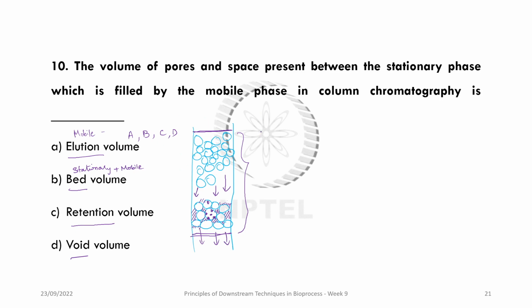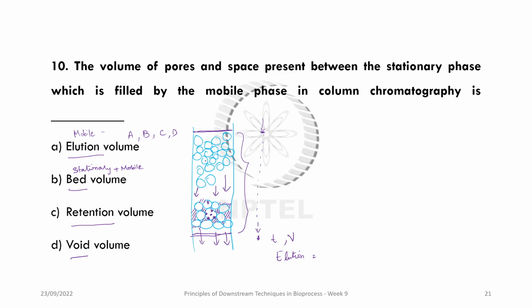But let's say there is one particular compound which does not bind in the column at all. The minute it is introduced here, it does not bind, it just travels along with the mobile phase and comes out of the column at time t at volume v. So for this particular compound, elution volume will be equal to the volume of pores, right?